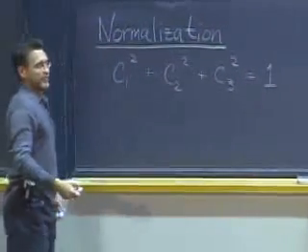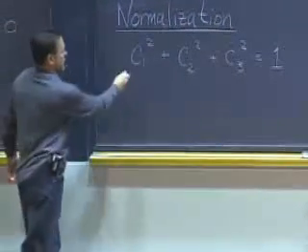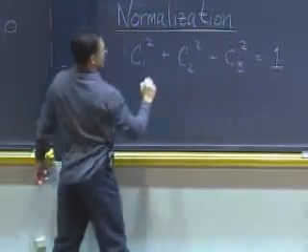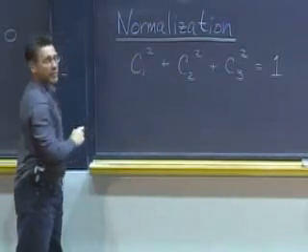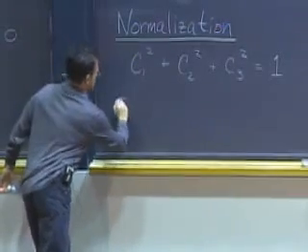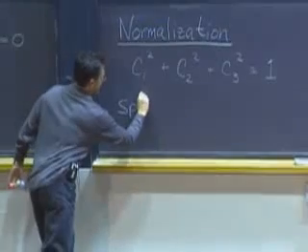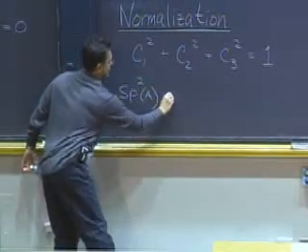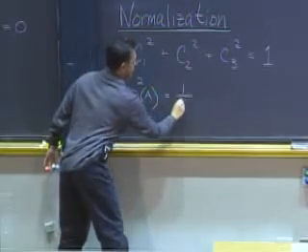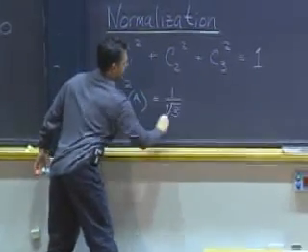Okay? That's where this comes from. And we know that C3 squared is 0, and C1 squared is 1 over root 3.